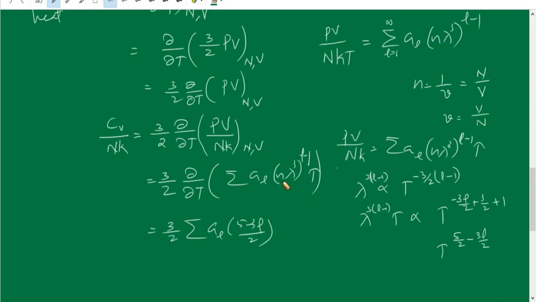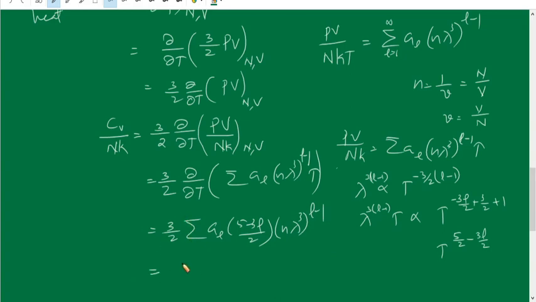If we differentiate T raised to this power and divide by T, it will be (n lambda cube) whole raised to L minus 1. This is the specific heat capacity.